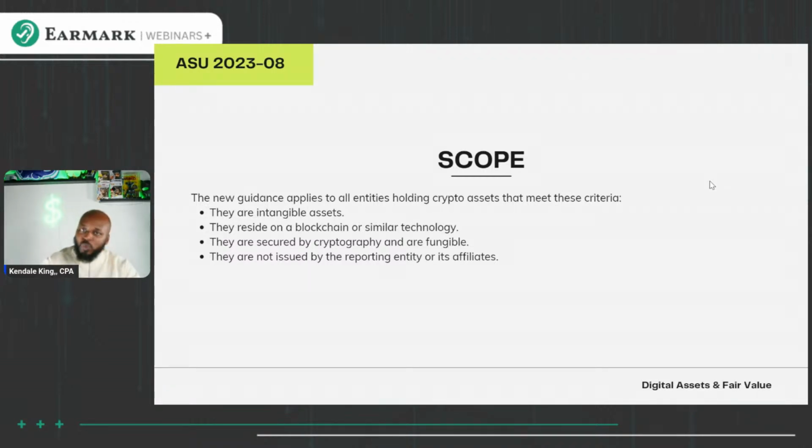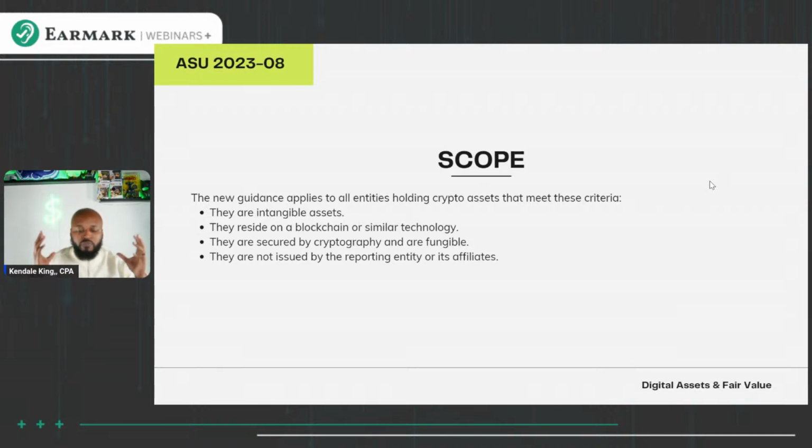Now, this one is important because all the other things we talked about, this last piece means that the company Ethereum, who creates the Ethereum token, cannot measure the Ethereum that they issued to themselves at the value of what is out there as part of fair value.